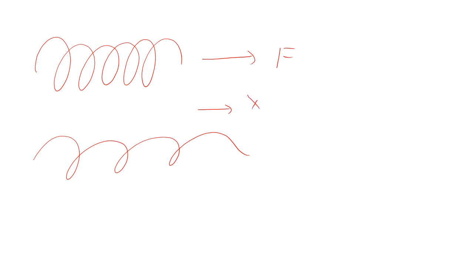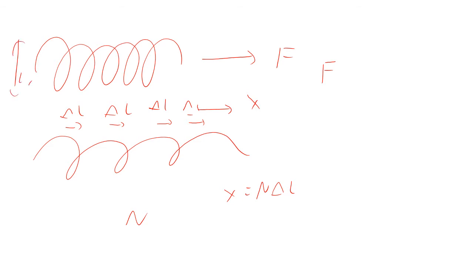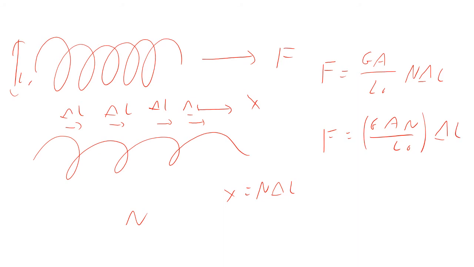What's happening is each little segment of the spring is stretching some equal amount delta L. There are n of those, so the total x is equal to n delta L. If each segment is L naught and each one stretches some delta L, then F equals G A over L naught times delta L. So F equals G A n over L naught times delta L.